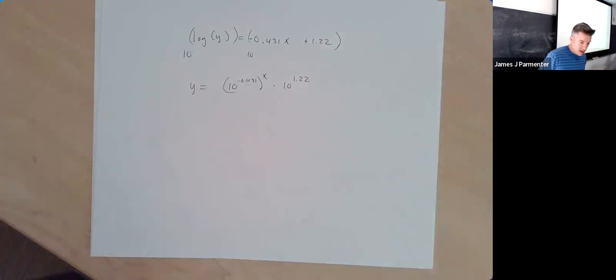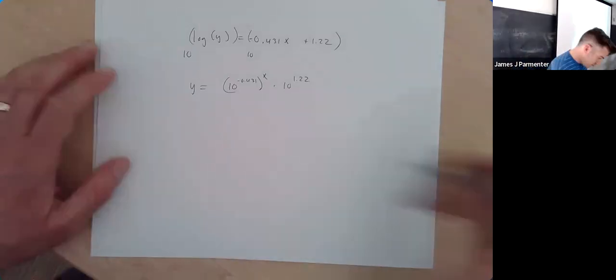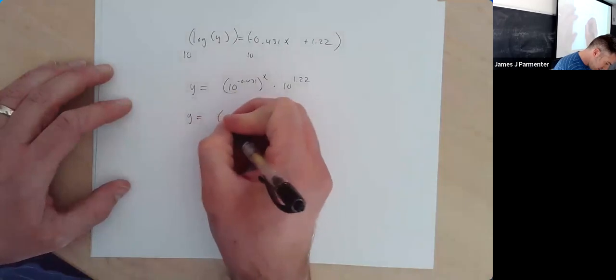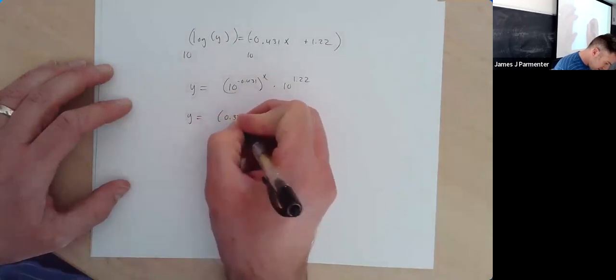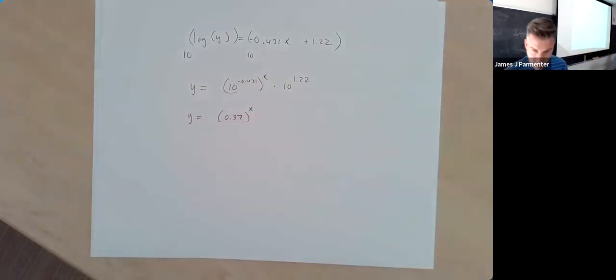So if you get values here real quick, just to point out, I don't know what these numbers actually are, but 10 to the negative 0.431 is about 0.37. I mean, really, I think some of these were generated by WeBWorK. And then 10 to the 1.22 is about 16.6.